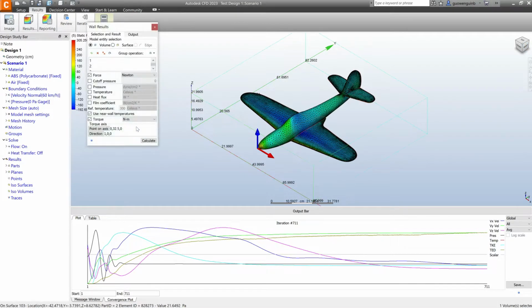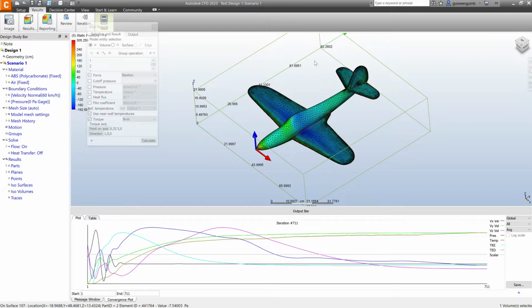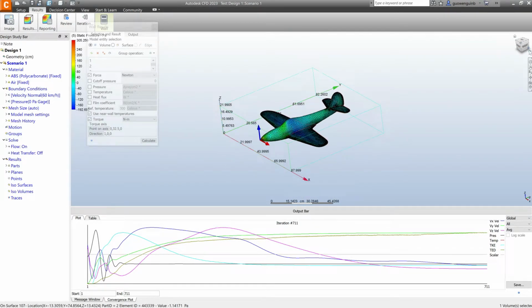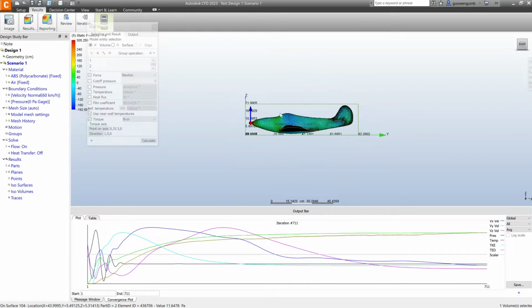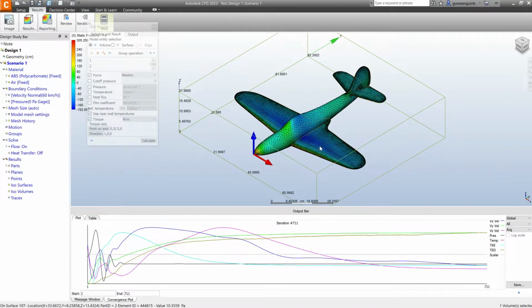I mean, I'm only interested in the y-axis of the center of gravity since I'm only interested in the rotation about the x-axis, which is the pitch. I don't expect any yaw or roll, which is the rotation about the z and y-axis during steady flight.